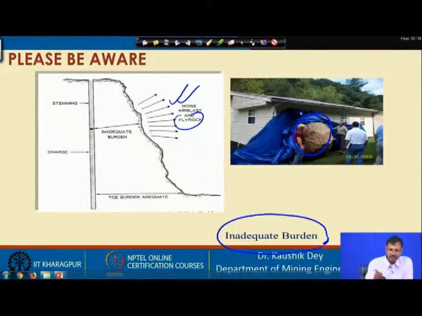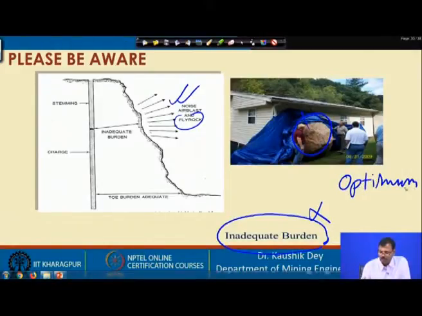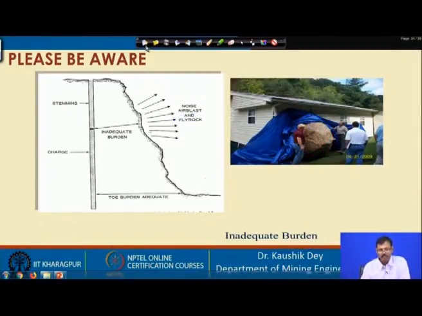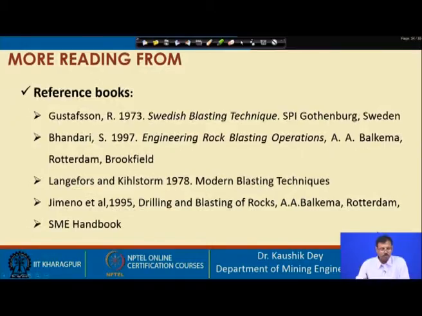So, basically no inadequate burden, no excessive burden, we need only optimum burden. Optimum burden is very important in blasting, and the design basically lies in the selection of the optimum burden.